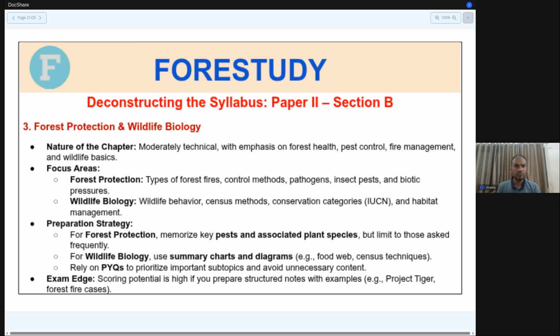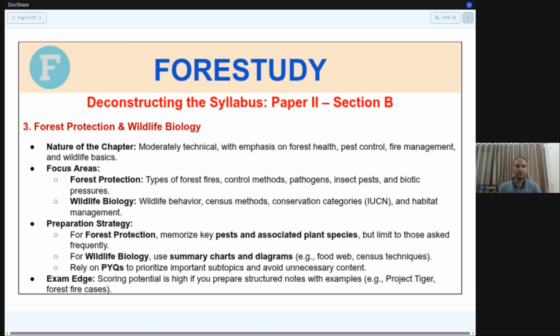The main topics which are asked are forest fire control methods, grazing, and nursery diseases. If you prepare these things, you can also quote these examples in other questions.